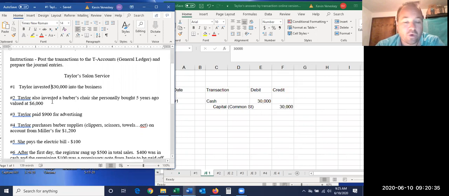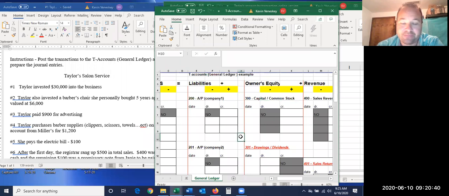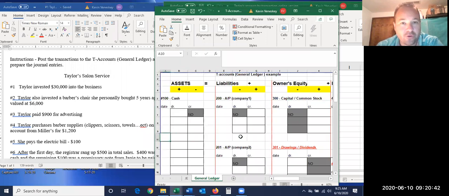So we ask ourselves, what did the business get? And when we're looking at our T account sheet, this is where at first in accounting for most students, it's the hardest to think, okay, what did I get? What's the debit and credit? Well, you think, okay, we got something.